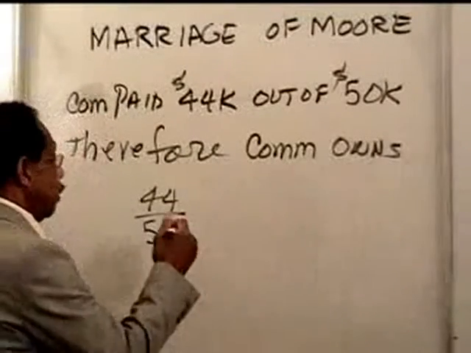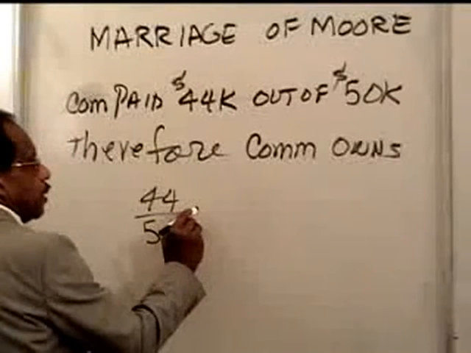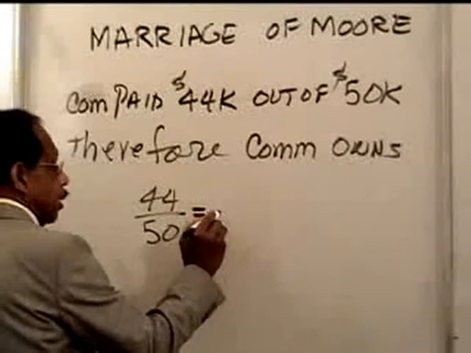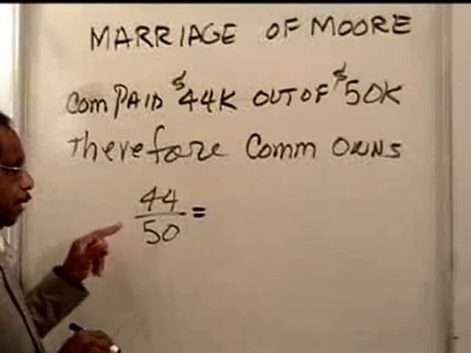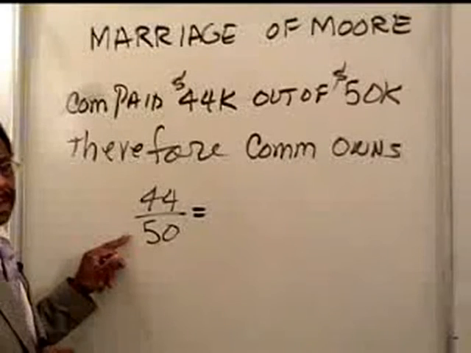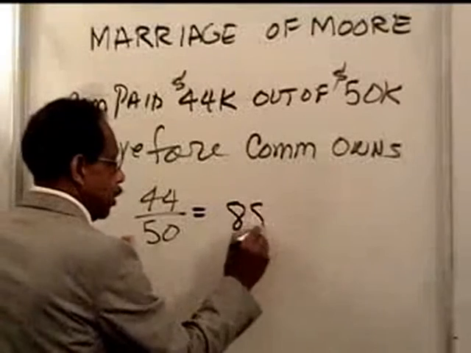So the community owns 44 out of 50. This is the fraction owned by the community, and that equals 88%, because you agree that 44 out of 50 is the same as 88 out of 100. So the community owns 88%.